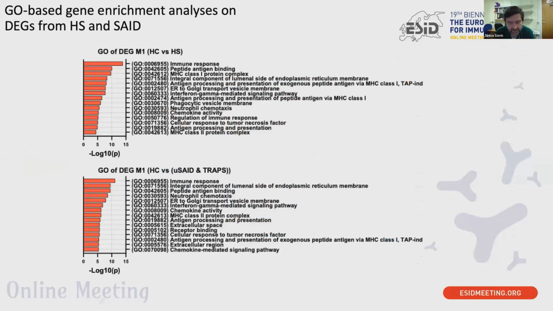When we then looked at the gene ontology enrichment analysis for differentially expressed genes in M1 macrophages of H syndrome patients and patients with systemic autoinflammatory diseases, there were a number of shared GO terms, including immune response, peptide antigen binding, and interferon signaling pathway, which was of particular interest.